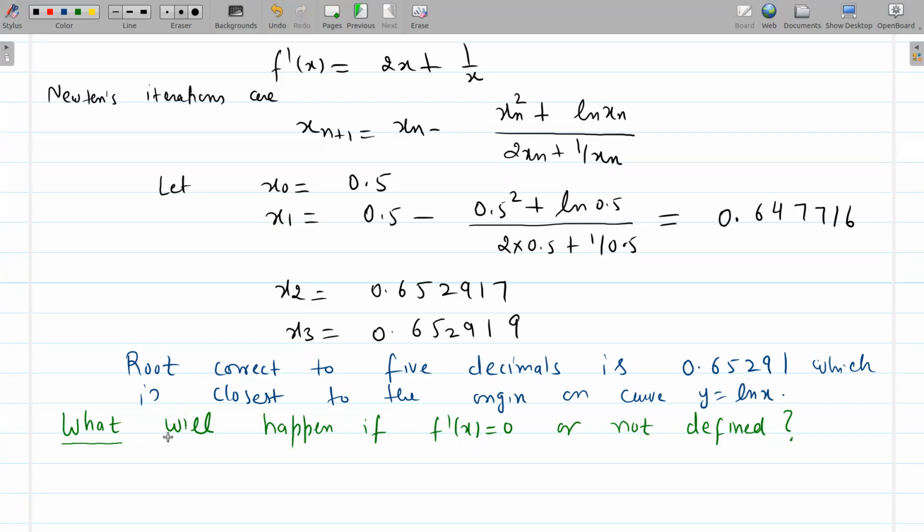Okay, so what will happen if the derivative is 0? And I hope these are two different situations.